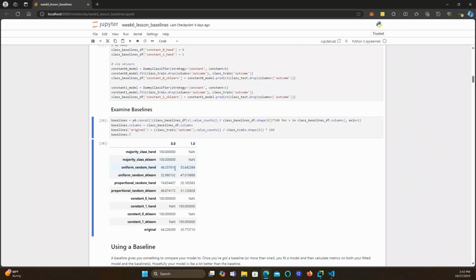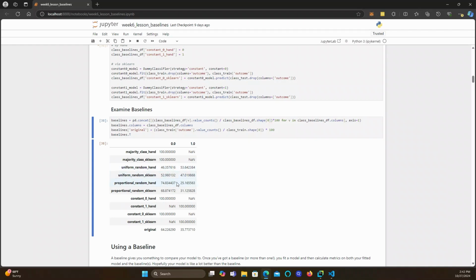And then when we did the uniform random baseline, well, when we did it by hand, 46% of our predictions were zeros and 53% of our predictions were ones. And when we did it with scikit-learn, about 53% of our predictions were zeros and 47% were ones. Okay, both close to 50-50 because it's uniform.